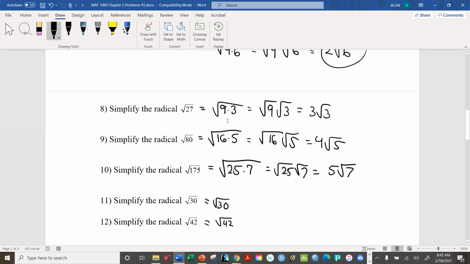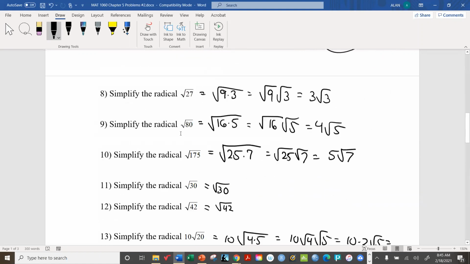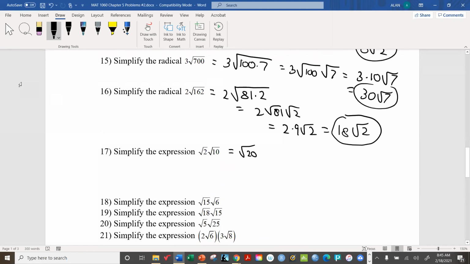I thought it was, or it was part of another question. So what do we do with this one? Here we go. This is the same as 4 times 5 under the square root sign. So we end up with 2 radical 5. Very simple. Nice.